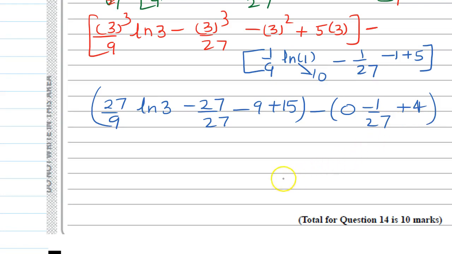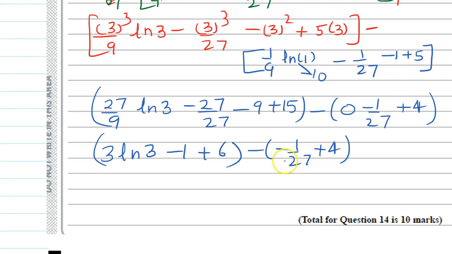Yeah, so if we solve this, 9 times it will be 3 ln 3, minus 1 plus 6. Okay, and this is minus 1 over 27 plus 4. Okay, so it will be 3 ln 3 plus 5 plus 1 over 27 minus 4.